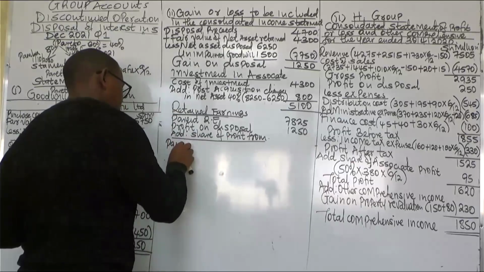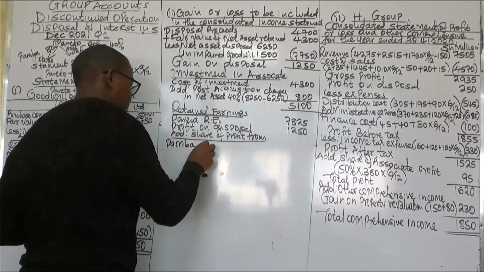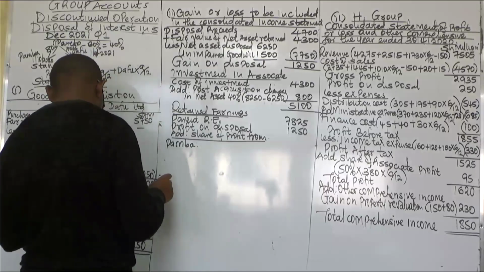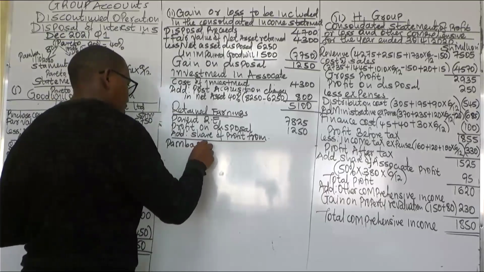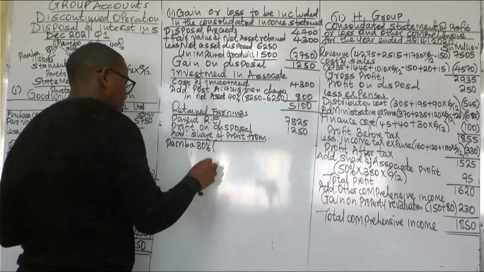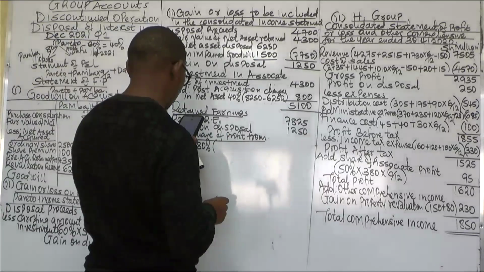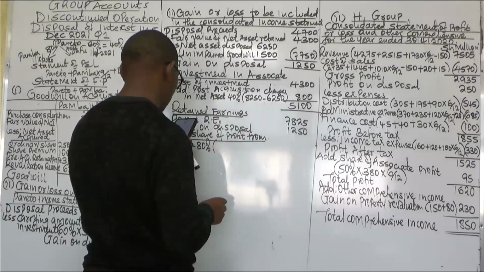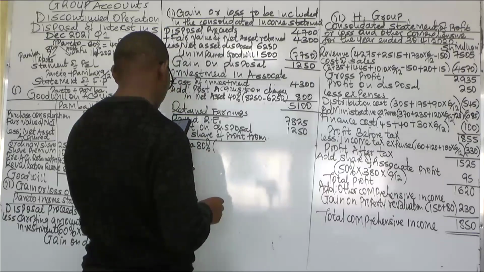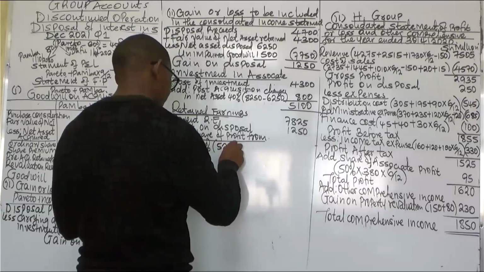We begin with Pamba. Pamba, he had acquired what percentage? 80%. So it will be 80% of the profits. What is the retained profits as at the year end? They were 5,250.